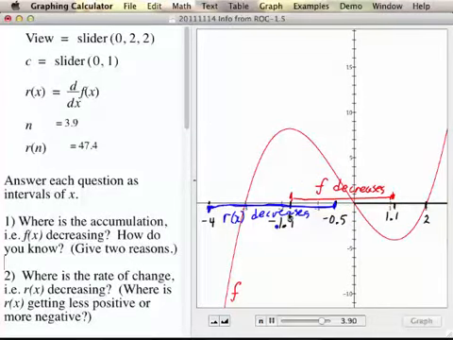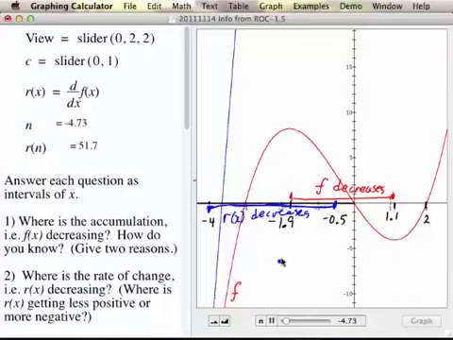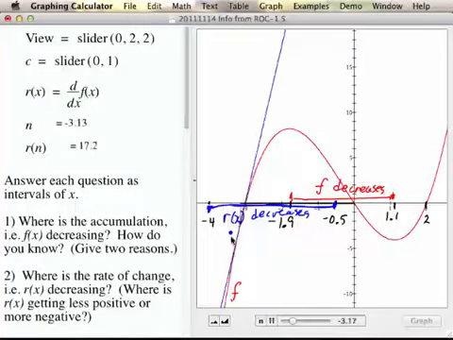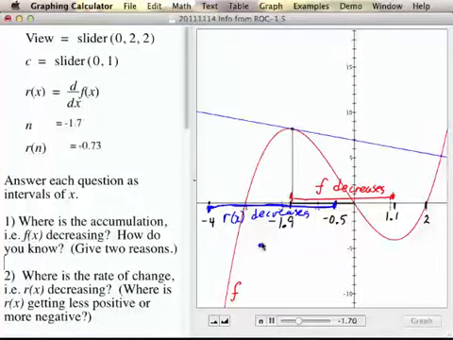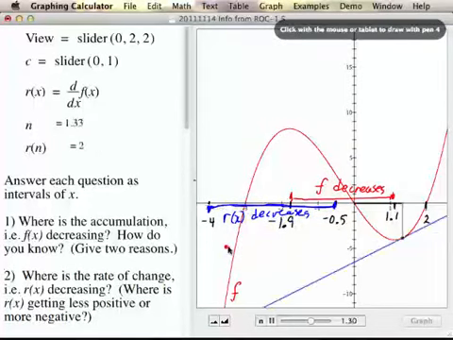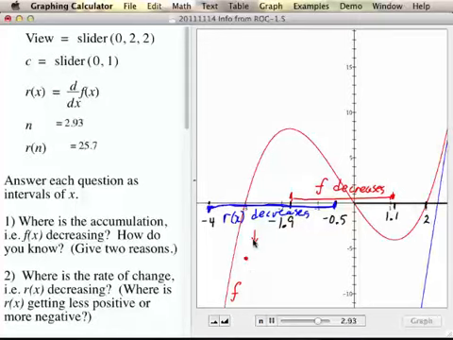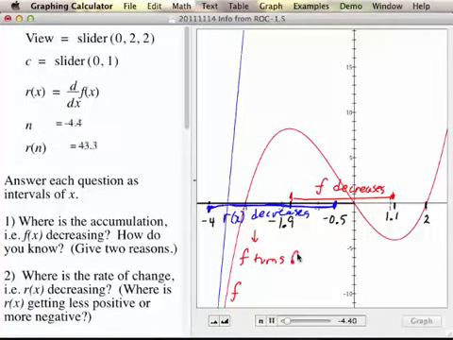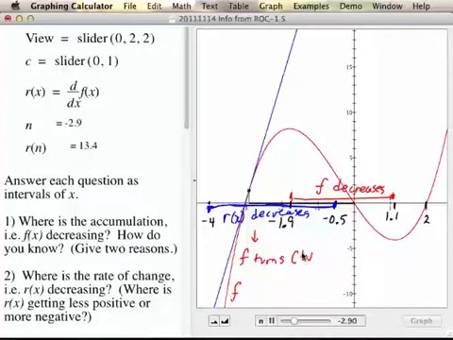So this helps us say what's true about the function f when r decreases. Well, f turns clockwise. CW, clockwise. Okay?